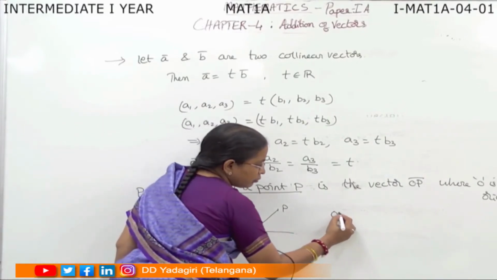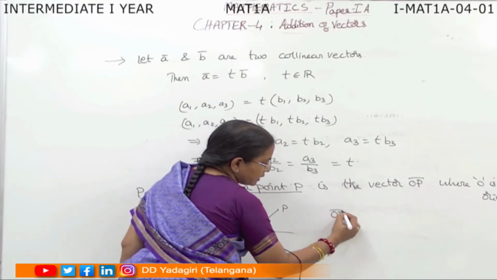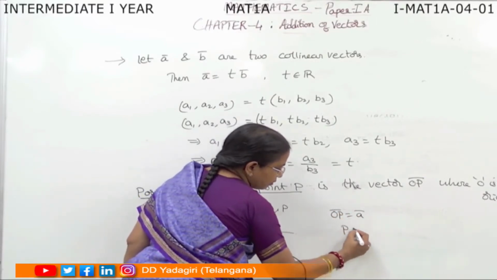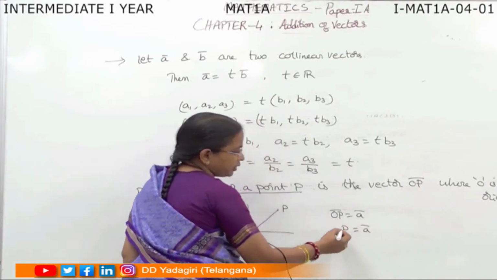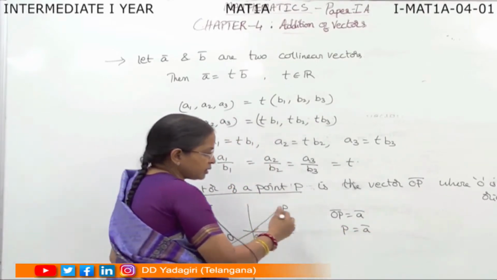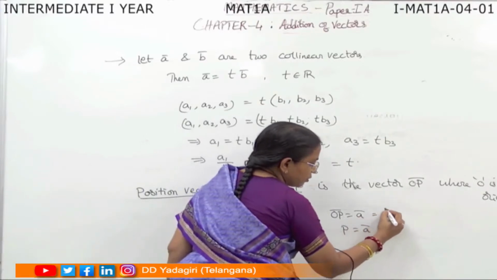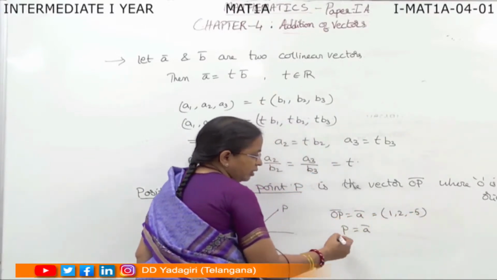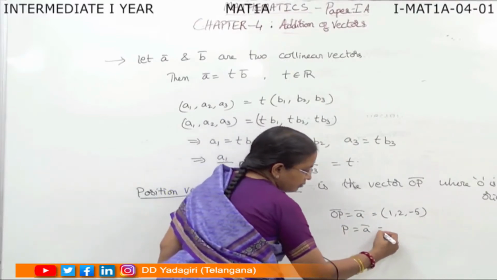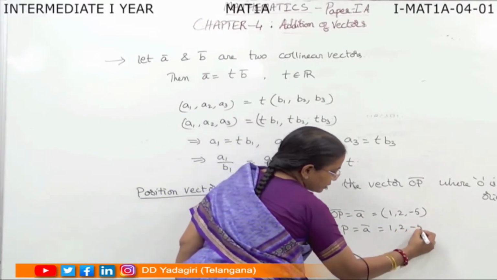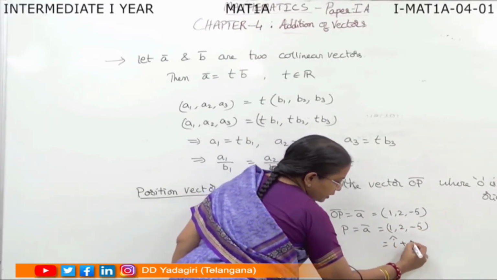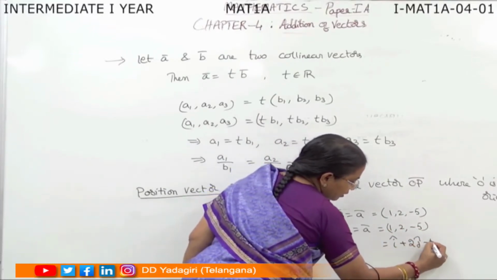So we write OP, suppose OP is equal to A. Then we also write P is equal to A. This is the notation. Now suppose that OP is equal to A is equal to (1, 2, minus 5). This is the point, so you write point P as (1, 2, minus 5), or you can also write it as i plus 2j minus 5k.